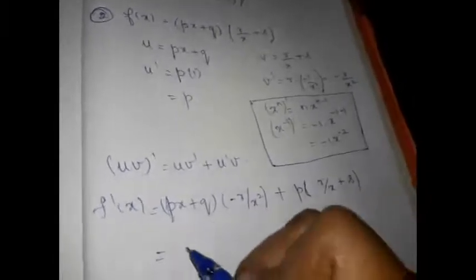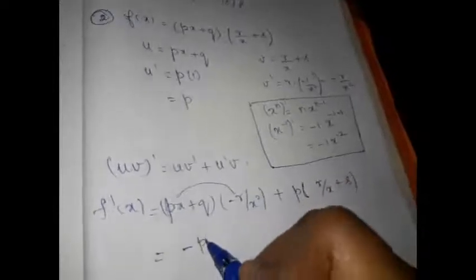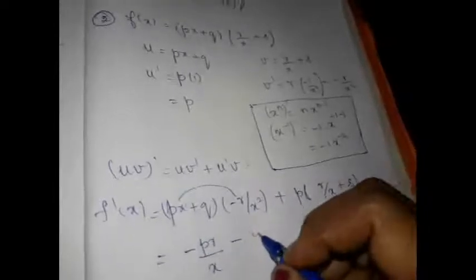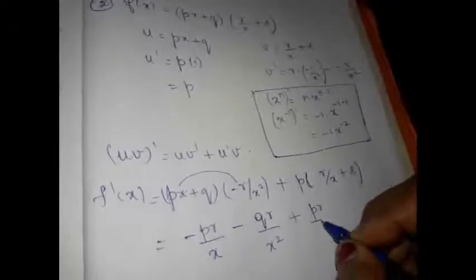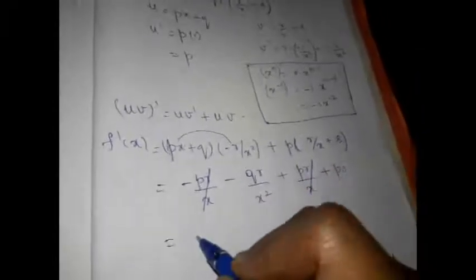So if we simplify, multiplying this term with this, we will get pr, the x's get cancelled, so pr by x minus qr by x square plus pr by x plus ps. So plus pr by x minus pr by x will get cancelled. So the answer is minus qr by x square plus ps, right?